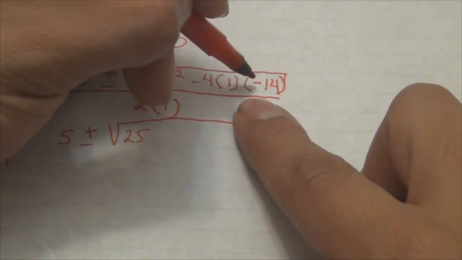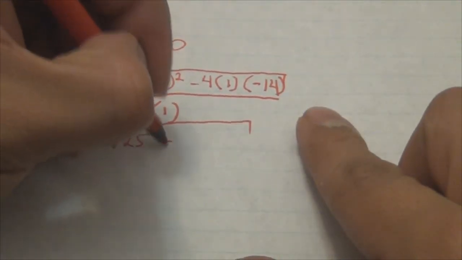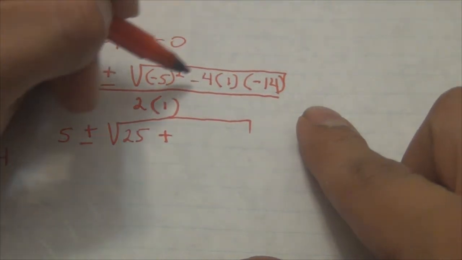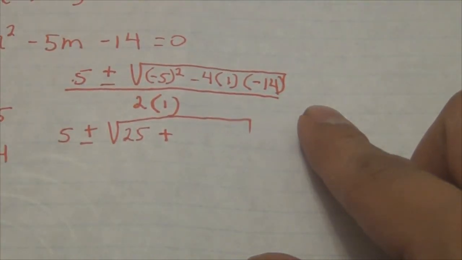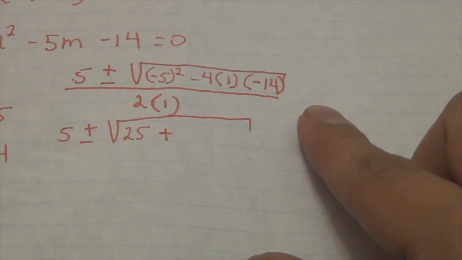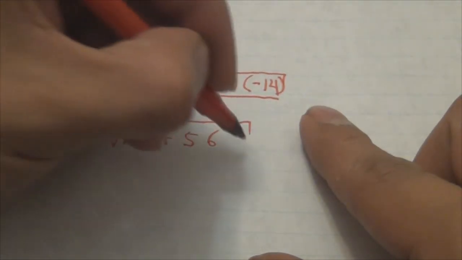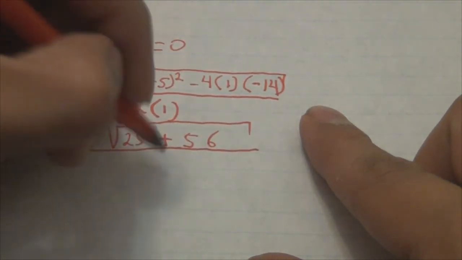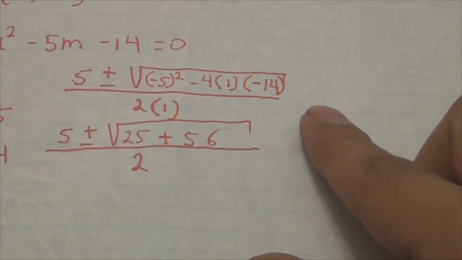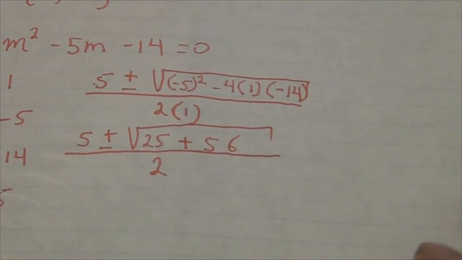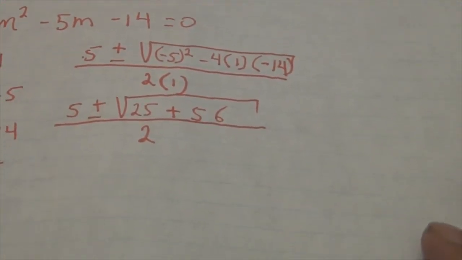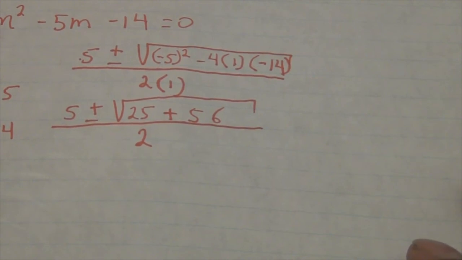Times negative is positive, so it's going to be plus. 4 times 1 is 4, okay? Times 14, you're going to have to use the calculator. That is 56. And everything gets divided by 2 times 1 is 2. This is a long process, but at the end, it gives you the right answer.